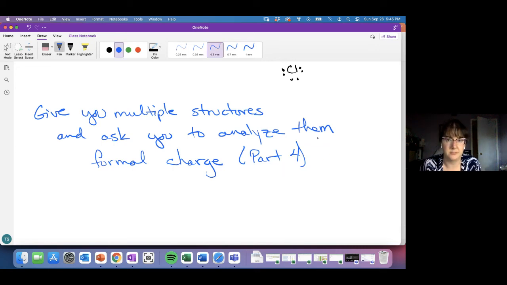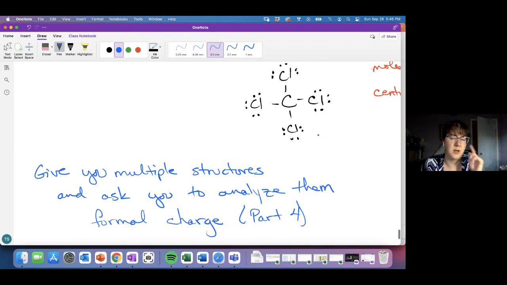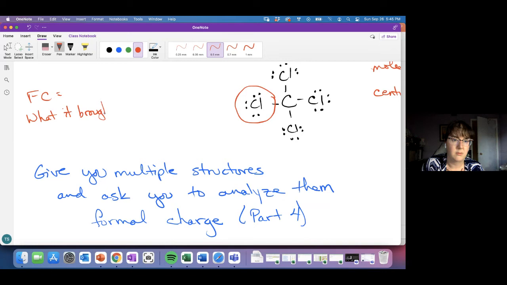So for example, I'll actually just do one. We can look at formal charge on something like this chlorine atom. For formal charge, there's a bunch of different ways to define the formula. Essentially, I picked up from a PLTL leader years ago. They used to describe formal charge as what it brought minus sticks minus dots.